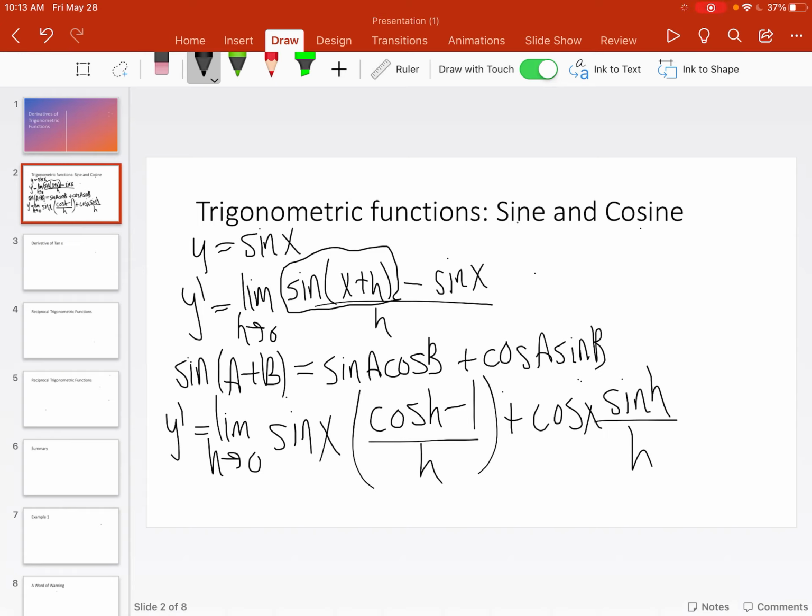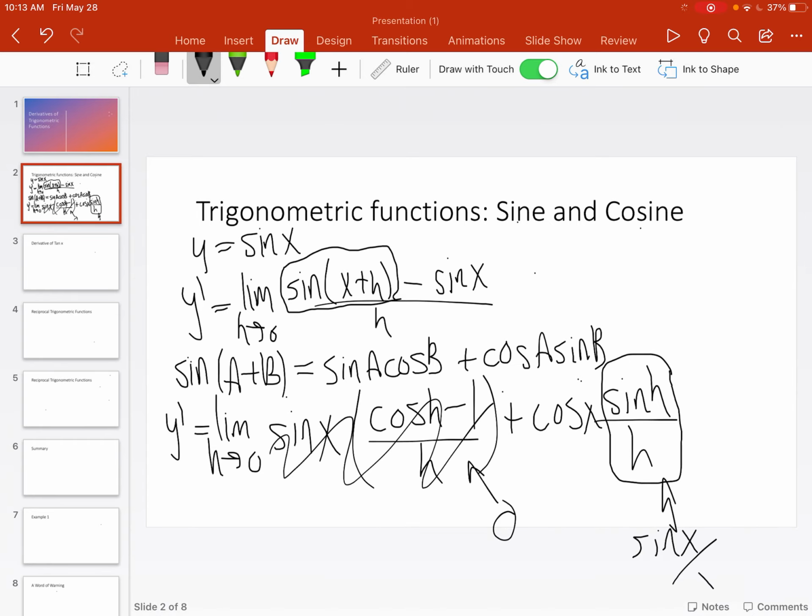And what do we notice? Here, as h approaches 0, cosine of 0 is 1, 1 minus 1 is 0, so this whole term is just 0. We've seen this so much in the limit section, sine x over x. The limit of this is just 1, so what are we left with?